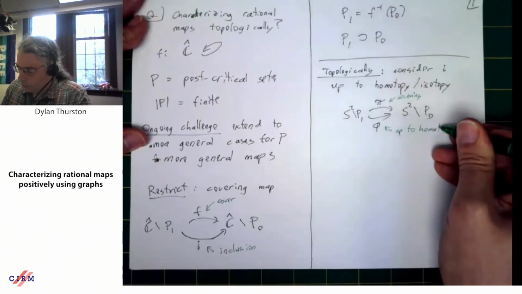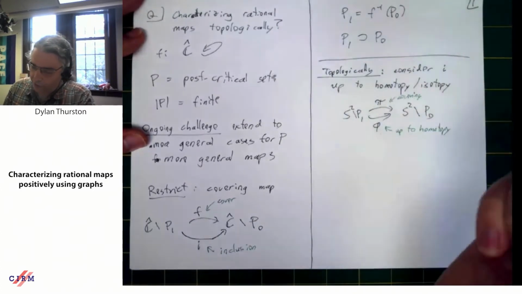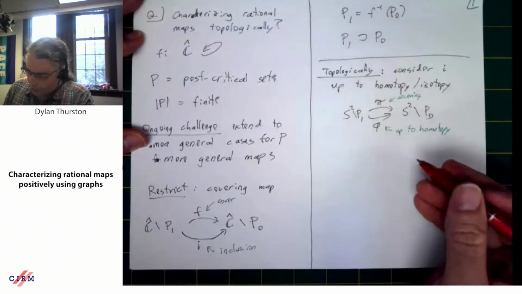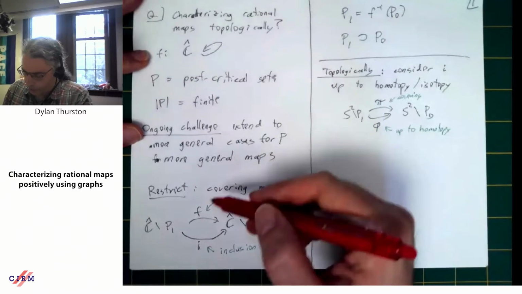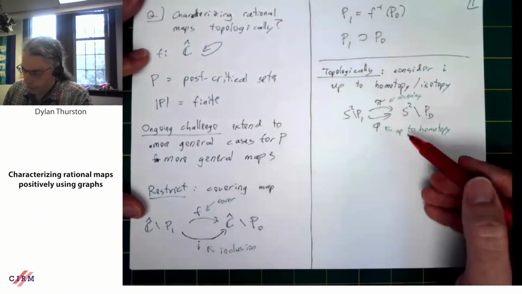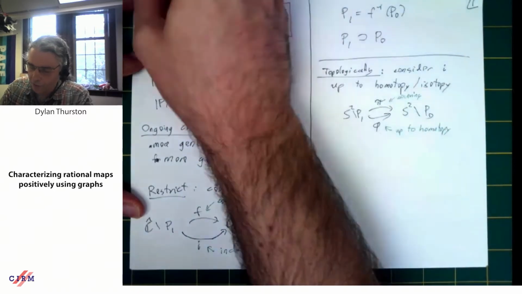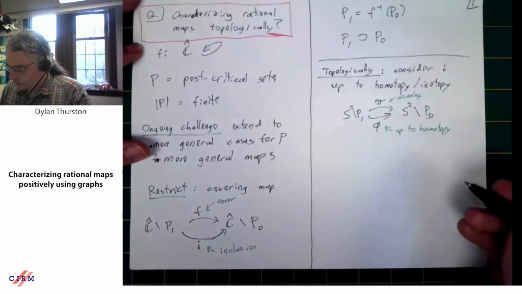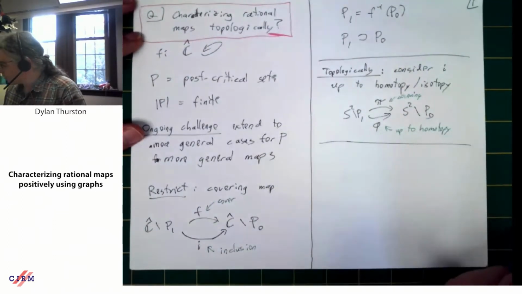And the question is, given this topological data, when can we rigidify it? When can we find an actual rational map that is equivalent to this under a natural notion of equivalence? This is not quite the language that it's usually stated in, but it's equivalent to it.